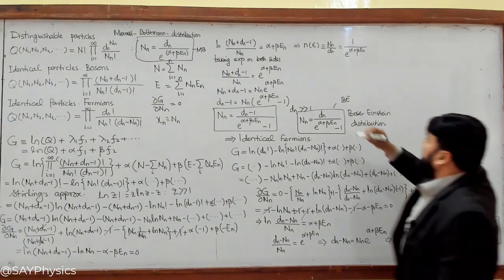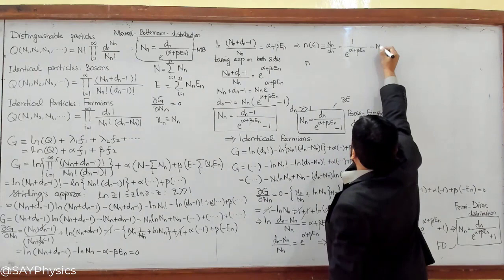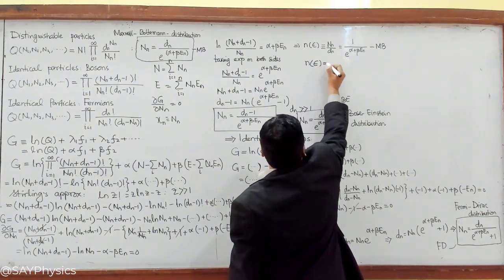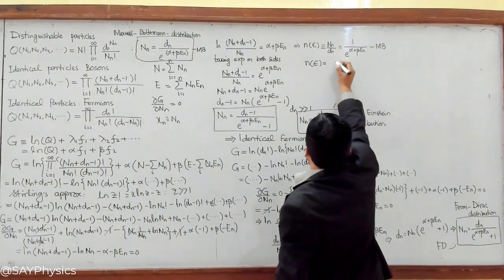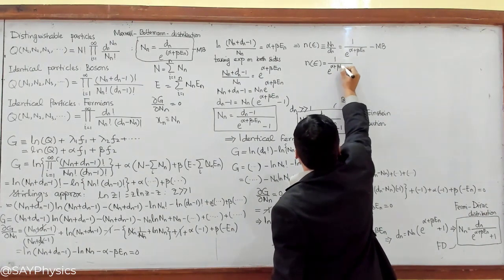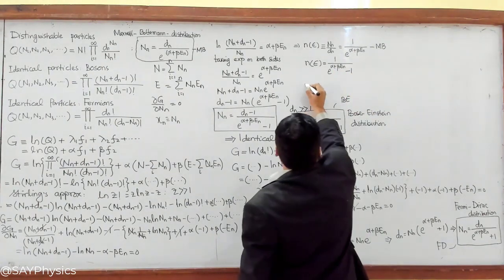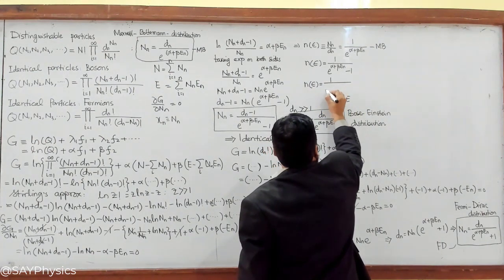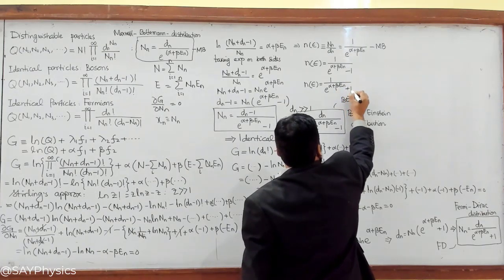Similarly, this is for the Maxwell-Boltzmann distribution, and for the Bose-Einstein distribution, Nn over Dn will be 1 over e to the power alpha plus beta En minus 1, and for the Fermi-Dirac distribution, this will be 1 over e to the power alpha plus beta En plus 1.